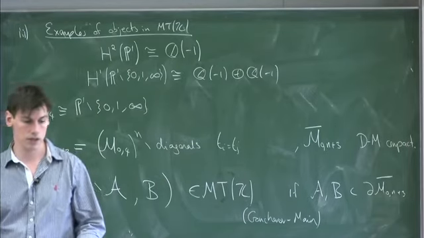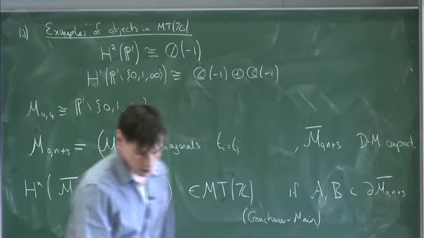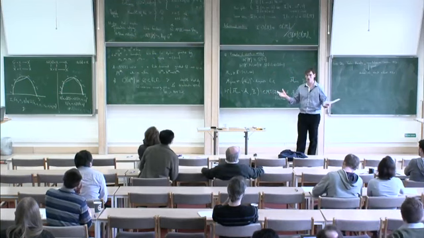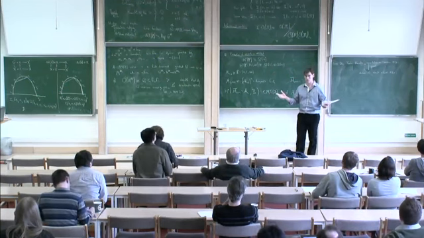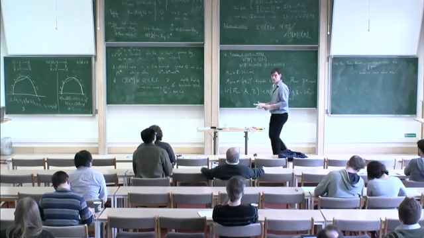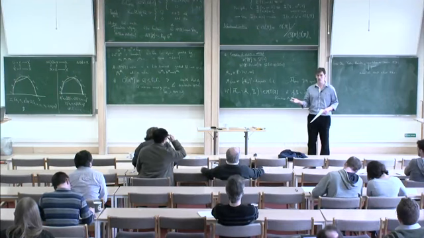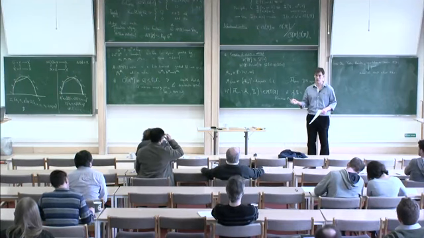Because if I write down a diagram of schemes over a field of characteristic 0, then that defines an object in Voevodsky's triangulated category of motives over that field.